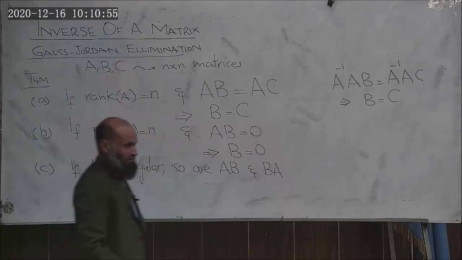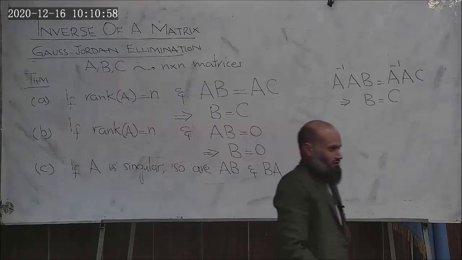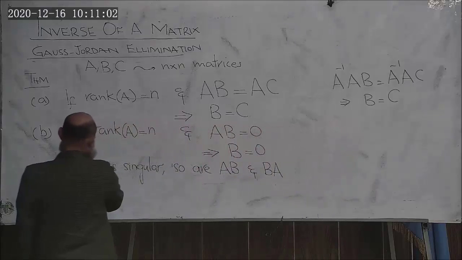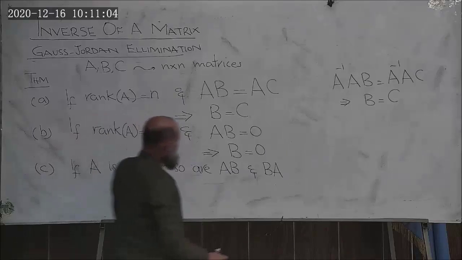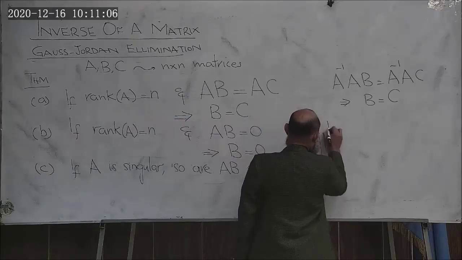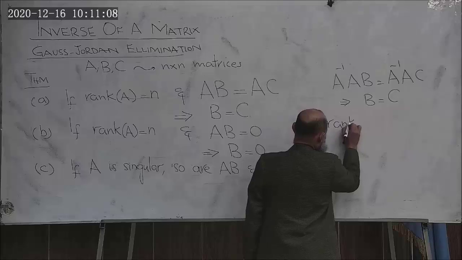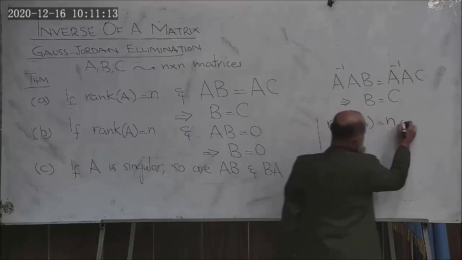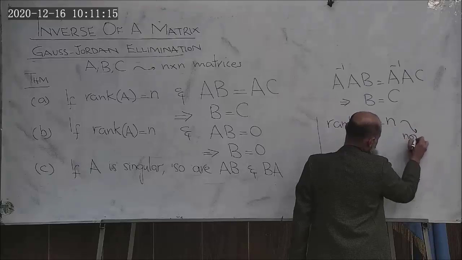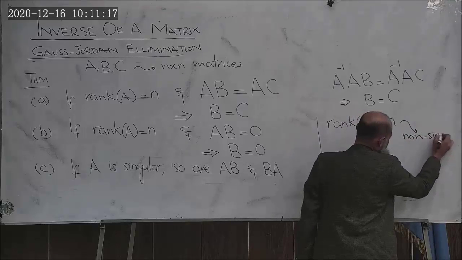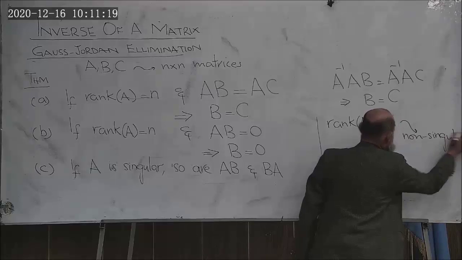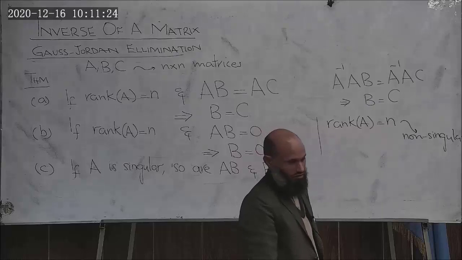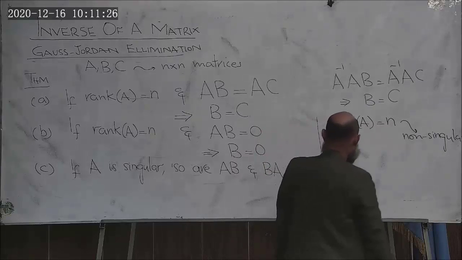What is a singular matrix? If rank of A is equal to n, then it is called non-singular. Another way to write it is that if the determinant of A is non-zero, then this matrix is called non-singular.